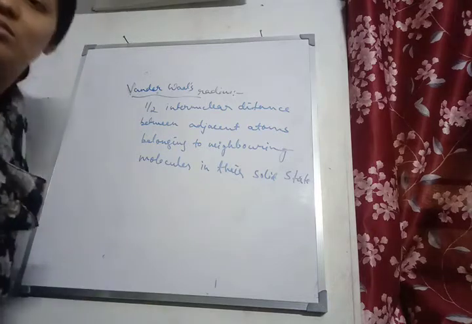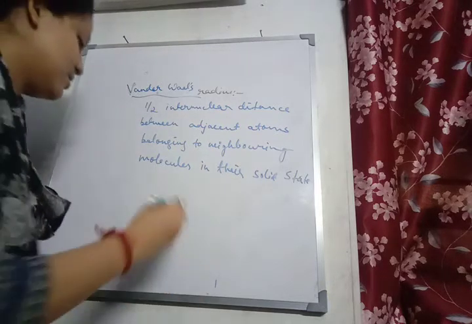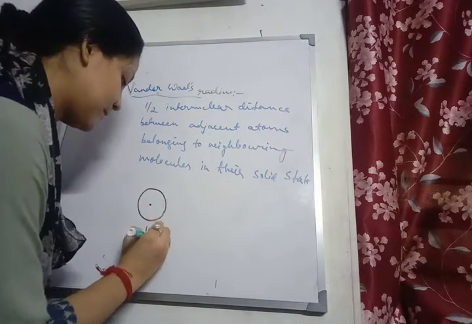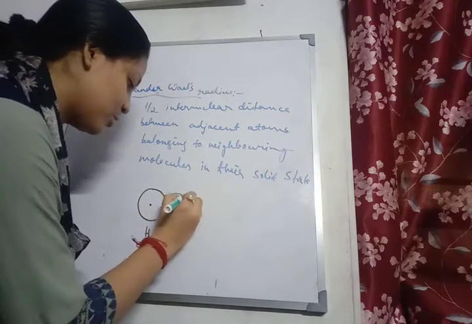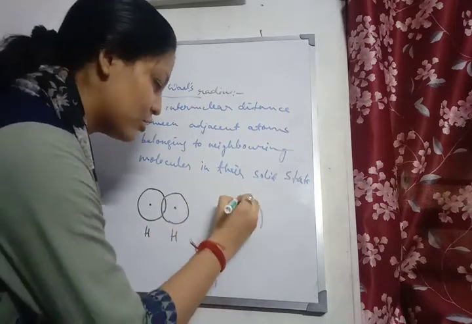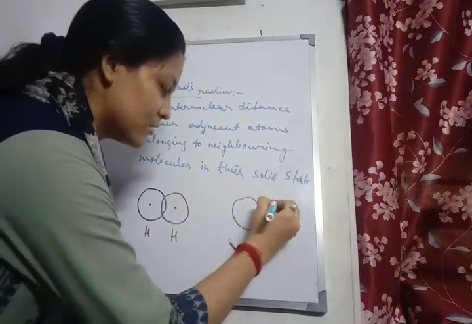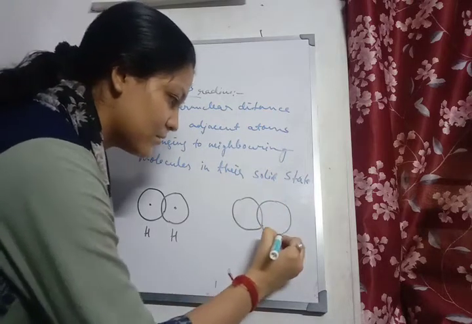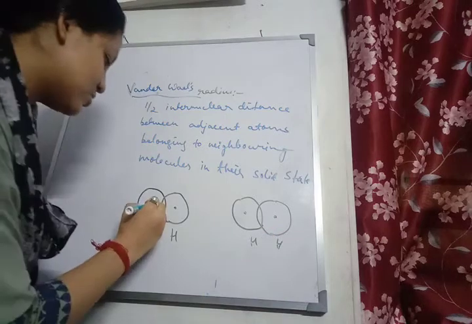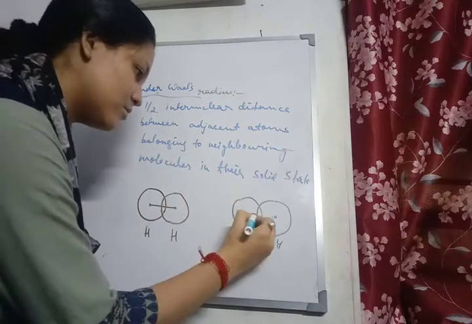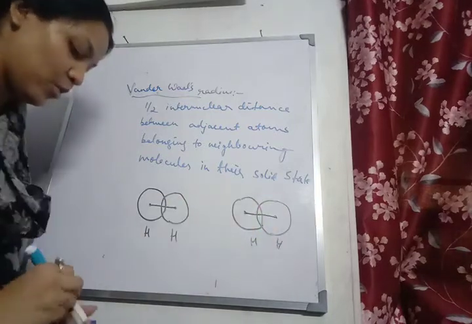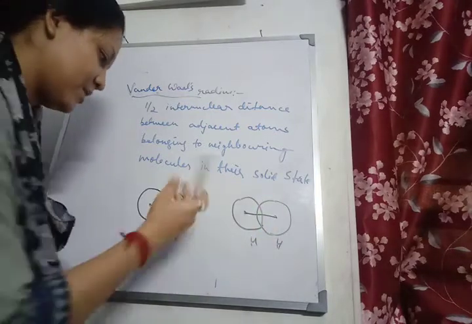So how can we represent it? Suppose this is one hydrogen molecule, and here we have another hydrogen molecule. Half of this is your covalent radius. Here also. Now what is van der Waals radius?